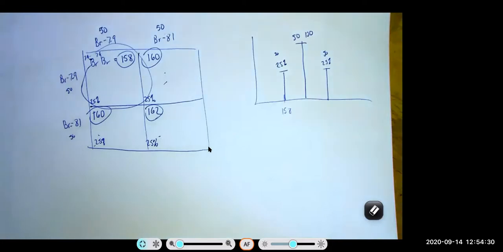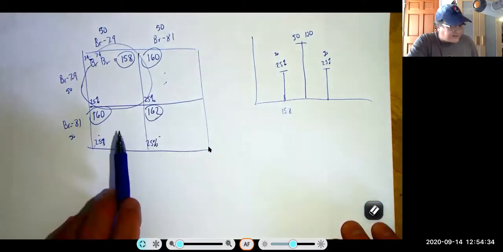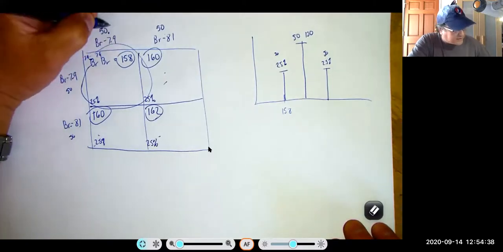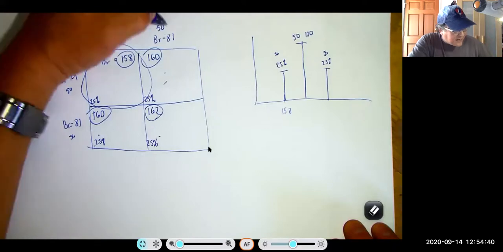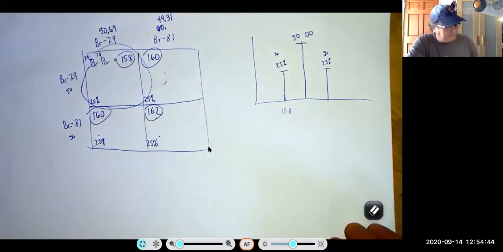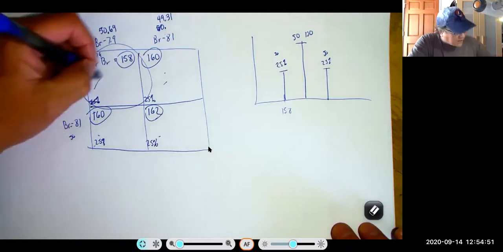What is different about Mendelian genetics and isotopes? The answer is they're not 50% and 50%. In this case, they're 50.69 and 49.31. Are you with me here? So here, what are the odds of getting a 158?